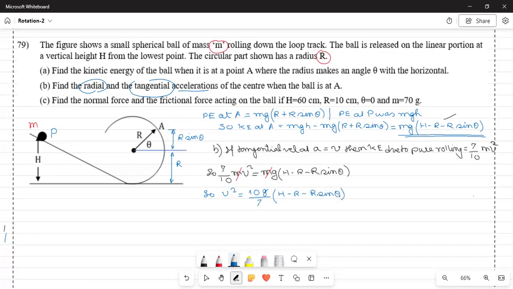And what is the radial acceleration in any circular motion? You recollect your lesson from the circular motion chapter. Radial acceleration in a circular motion is v square by r.